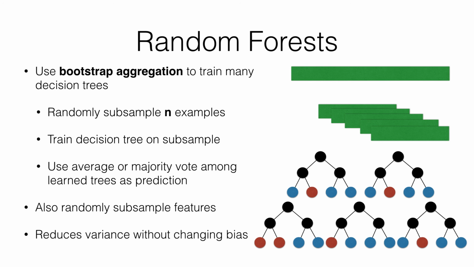But this basic concept of bootstrap aggregation, or bagging as it's been nicknamed, can be applied to a variety of learning algorithms. But one of the particularly interesting pieces about applying it to decision trees is that decision trees can essentially have arbitrary complexity.